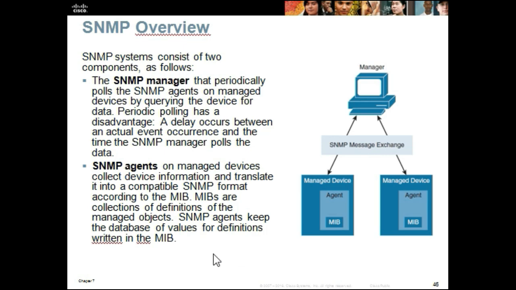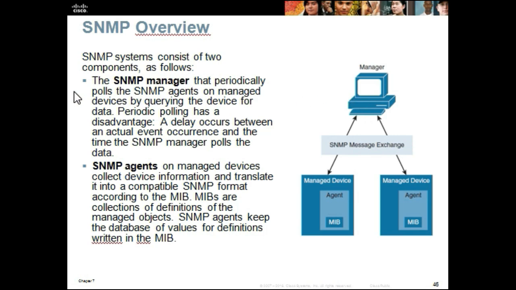Okay, so the SNMP agents keep the database of values for definitions written in the MIB. So the MIB has a list of terms about a device, and the MIB will be filled with values for each device by the agent. So what the manager does is it needs to poll.